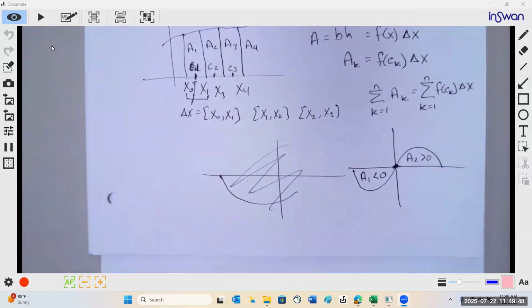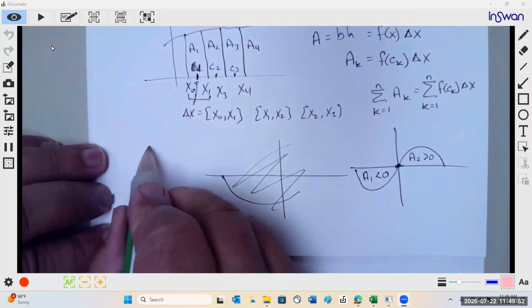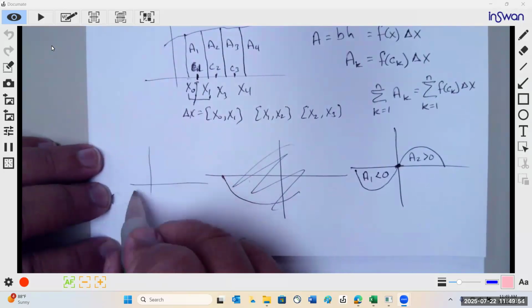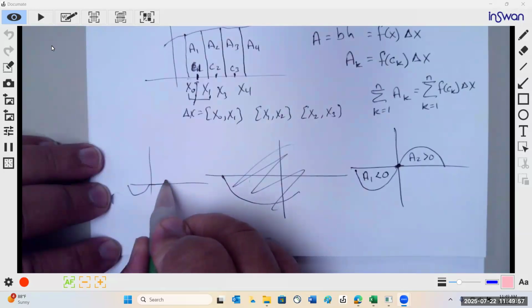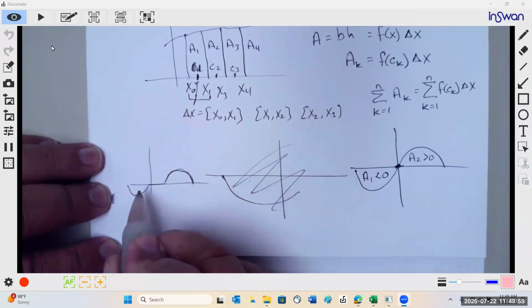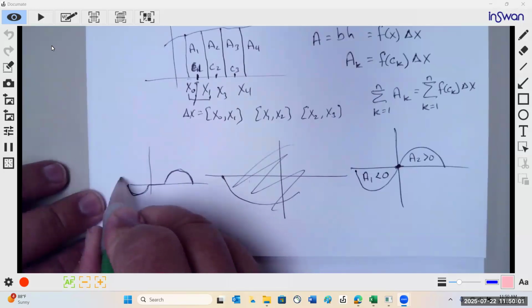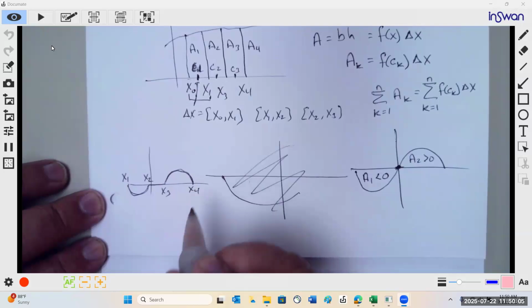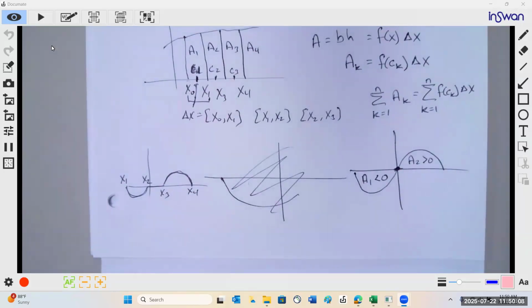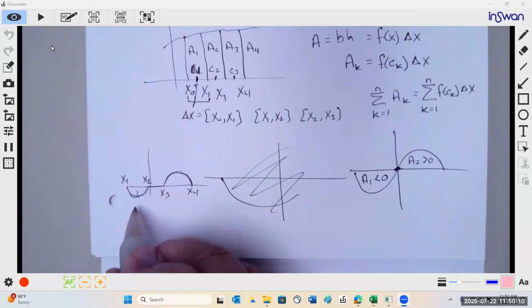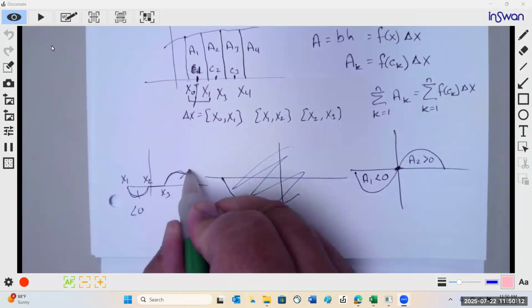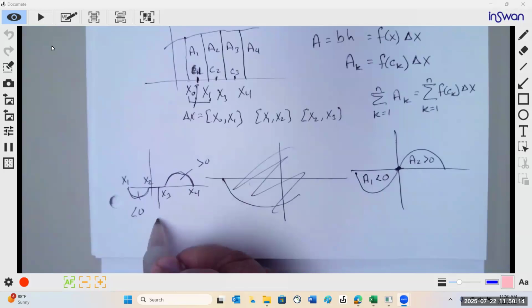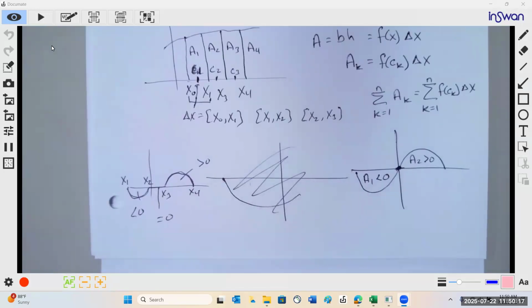It's positive. So the areas can be positive, negative, or 0. So I had x sub 1 to x sub 2 to x sub 3 to x sub 4. Again, this one's going to be less than 0. This one's going to be greater than 0. This one's going to equal 0. So it's possible to get all those.